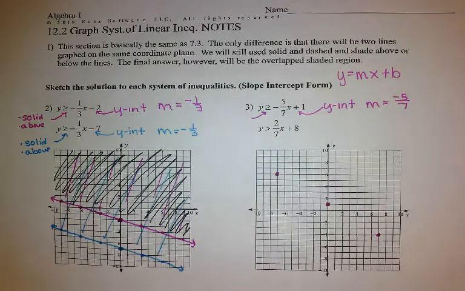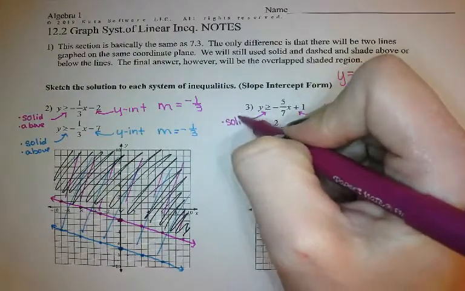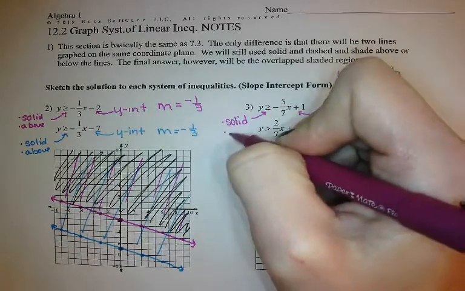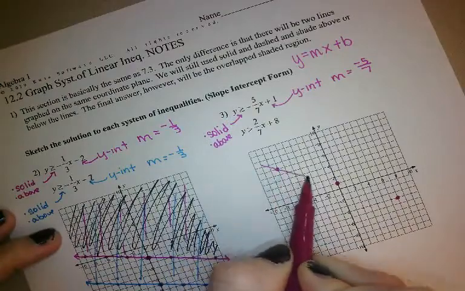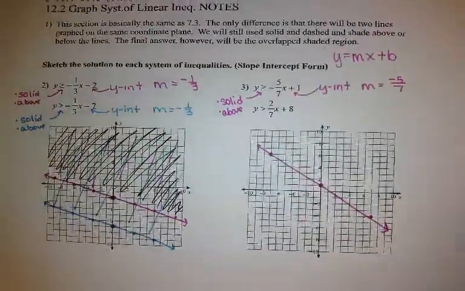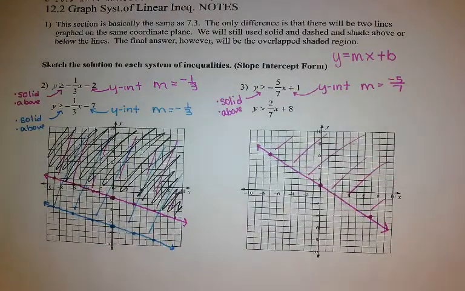Looking at my inequality, it's a solid line and it's a greater than. So solid line because of the equal to, and it's a greater than, so I'm going to shade above. Okay, so I'm going to draw my line, and then I'm going to lightly shade above. Okay, so that's the side that would be shaded.